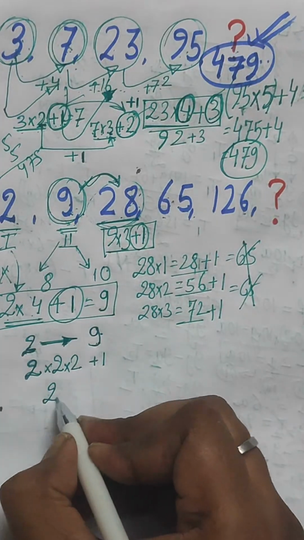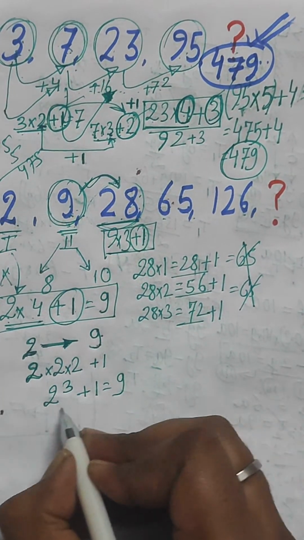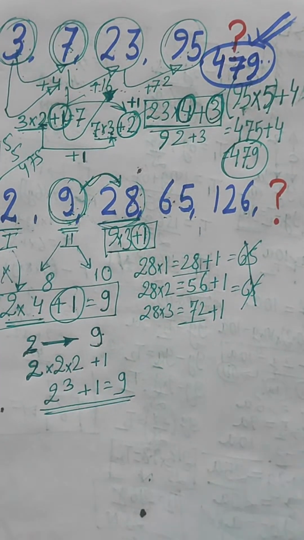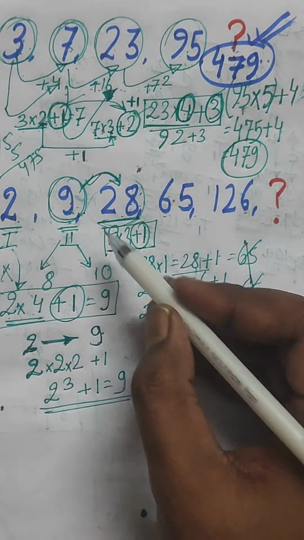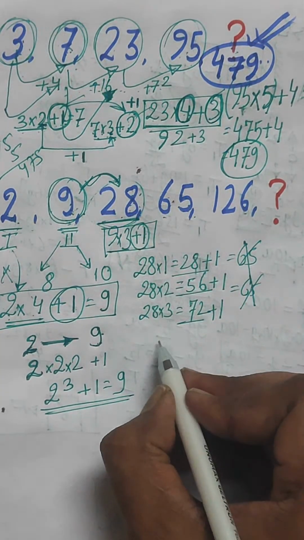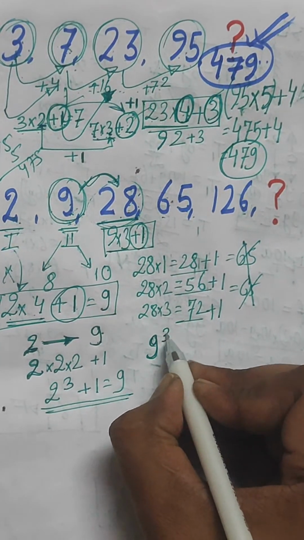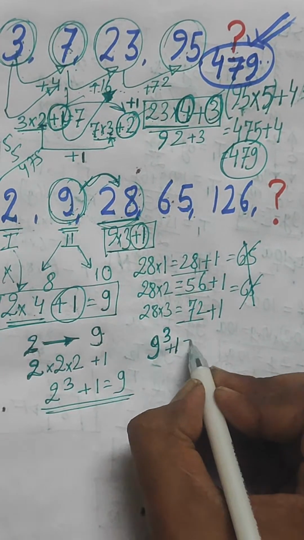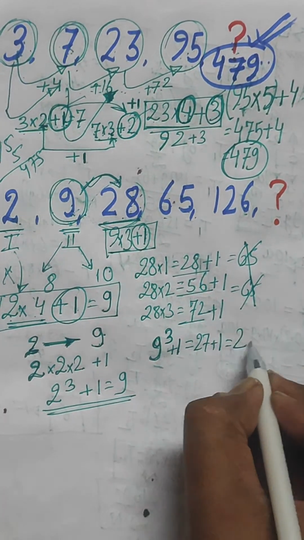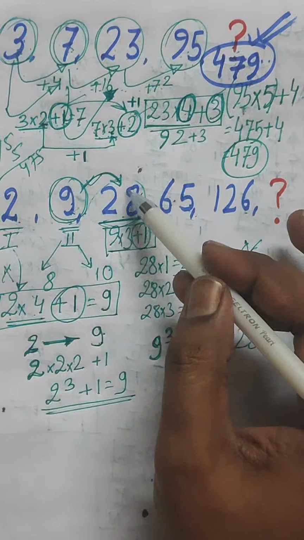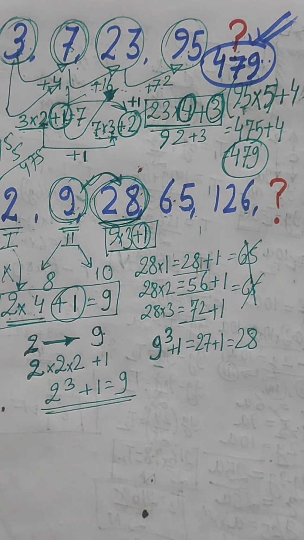That means 2 cube plus 1 is equal to 9, right? Now for the third number 28, you can see 3 cube plus 1, 27 plus 1, that is equal to 28. So this is satisfying the third number of the series also, right?